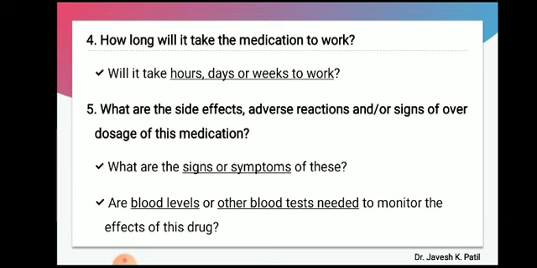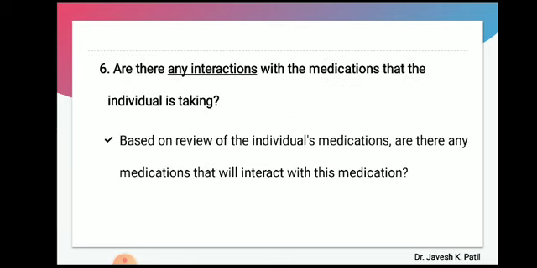Then which problems are associated with the administration of that medication, that is side effects and adverse reactions, those signs and symptoms, along with all the blood parameters which are possibly observed after administration, should be indicated in the medication order, or should be known to the pharmacist.